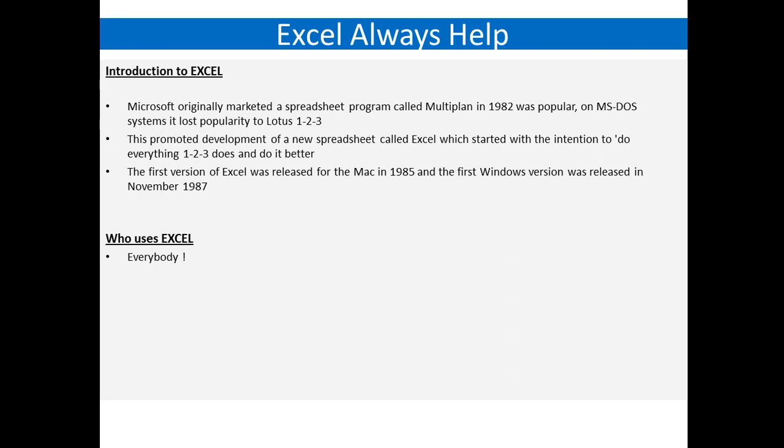They wanted Excel to do everything better and more than Lotus 1-2-3. So the rest is history. They released the first version for Mac in '85, and then the Microsoft Windows version in '87. So we all know the power of Excel now, and that's why I'm doing this video, and that's why you are now viewing this video.